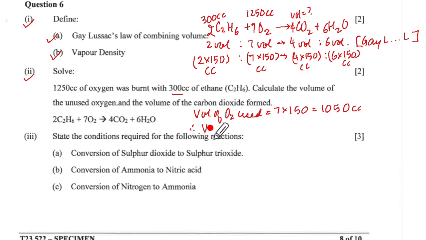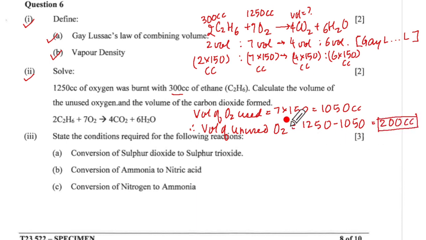Therefore, volume of unused O2 will be 1250 minus 1050. And how much is that? From this 1000 is gone, so that is 250, so that will be 200 cc. So this is your answer 1.